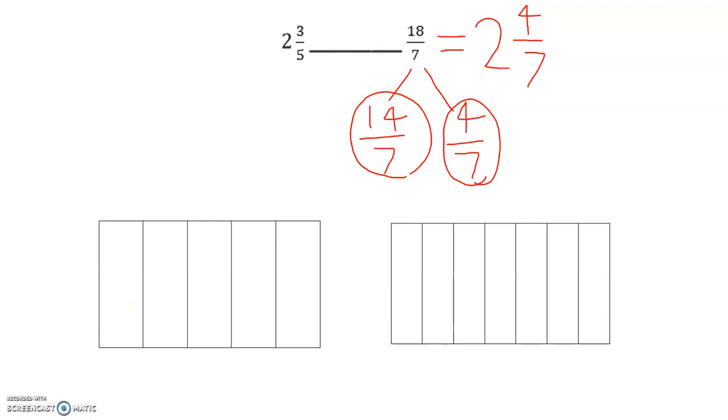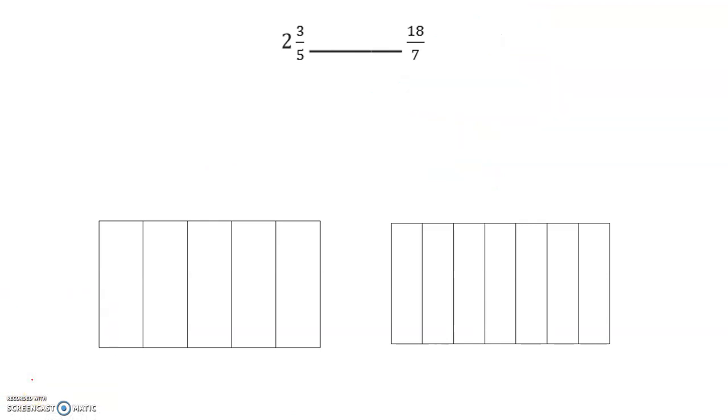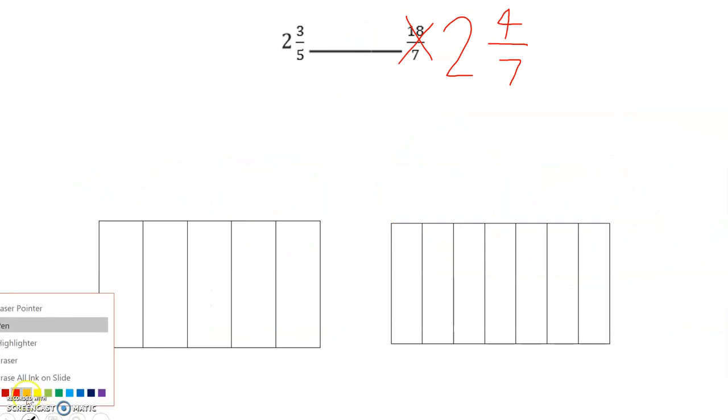So I'm going to make this a little neater. Erase all the ink on my slide. So this becomes 2 wholes and 4/7. Now, just like in our first problem, all I really care about are the fractions.